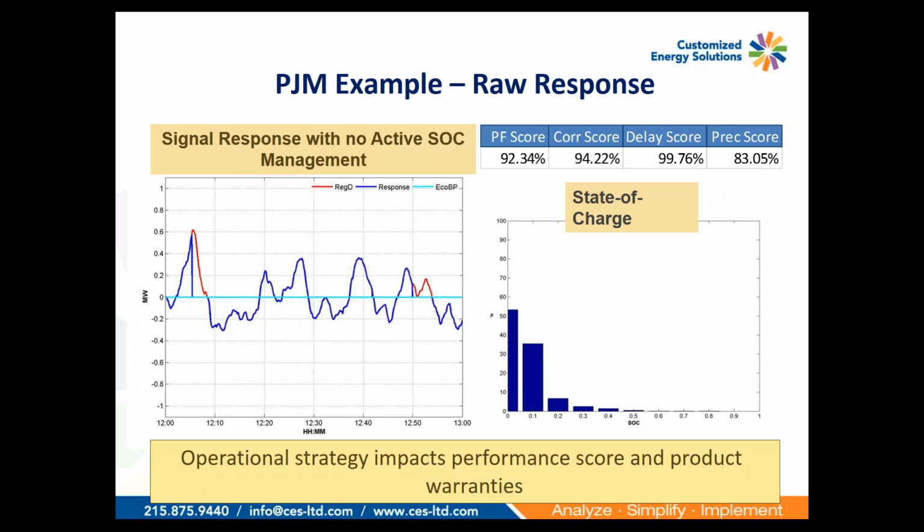So if you see, the performance score is just about 92%. More importantly, if you look at the histogram of state of charge, it's towards almost the empty state. That means it affects the life of the asset. Performing this way, the life would be much shorter.